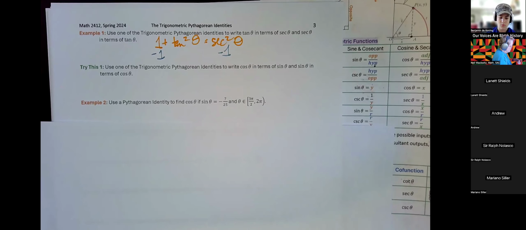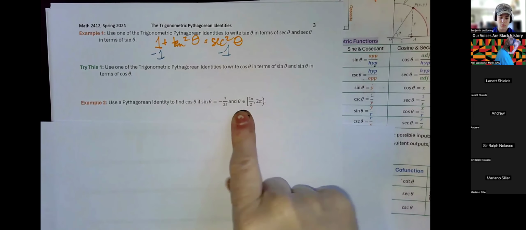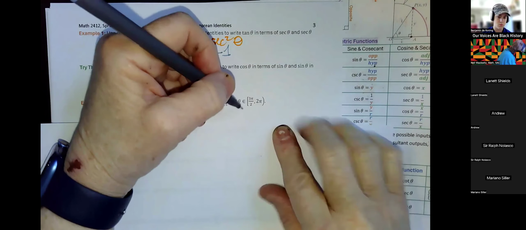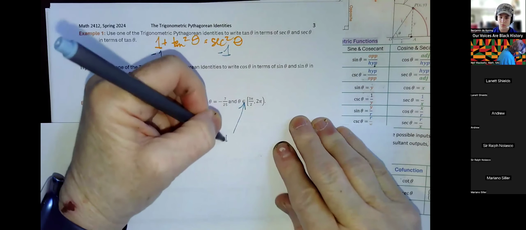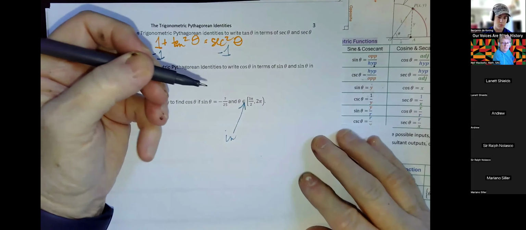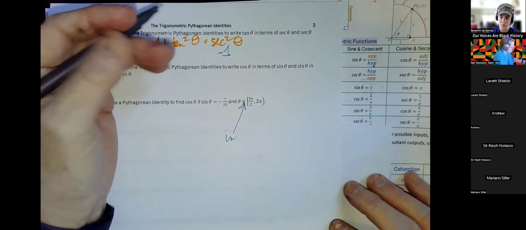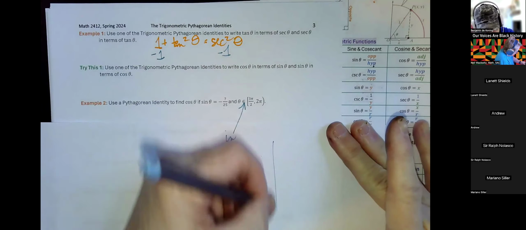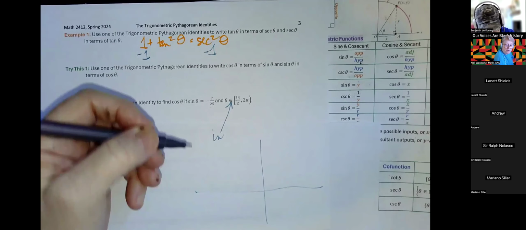So first of all, let's look at this notation. Theta is in, and we're going to use epsilon for in forever. In which quadrant? Gosh, if we had labels, that would sure help.